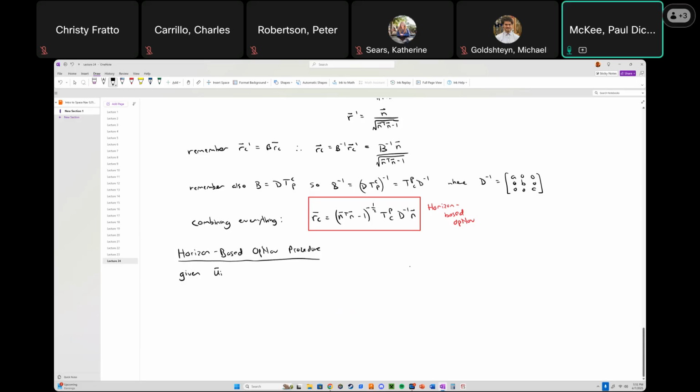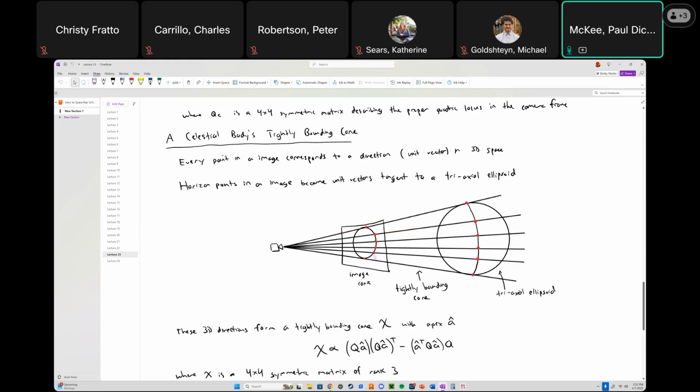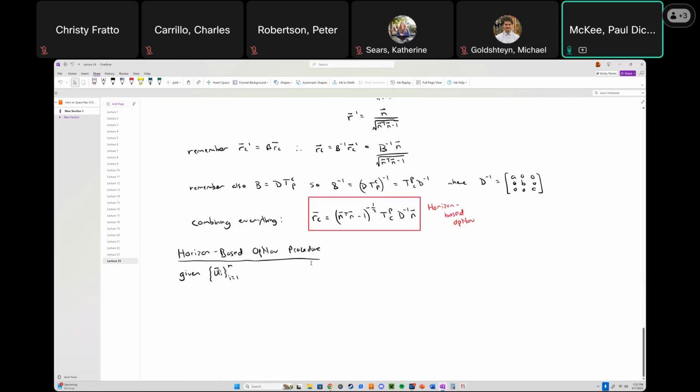Given points in the image, several of them, where i goes from 1 to M. And those points are, per our diagram in the last image, points on the lit limb of a planet. And we're also assuming that we know the rotation from the camera to the planet frame. And we're also assuming that we know A, B, and C, which are the planet long axis, short axis, and medium axis. Planet shape parameters.